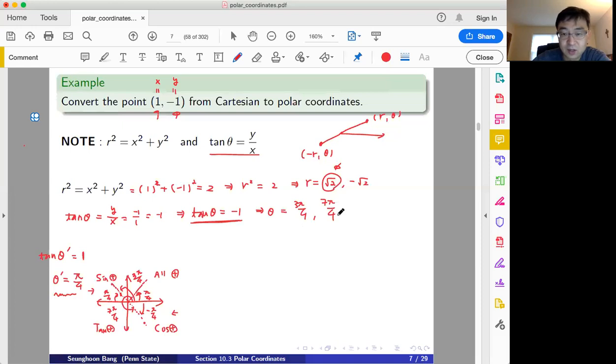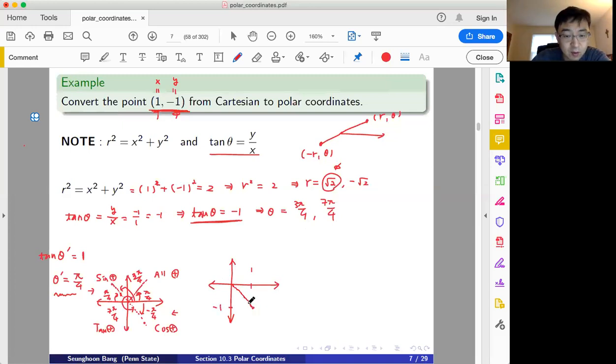The answer is only 7 pi over 4, because we are going back to the original point. The original point is 1, minus 1. So what does it mean? This is 1, this is minus 1 here.